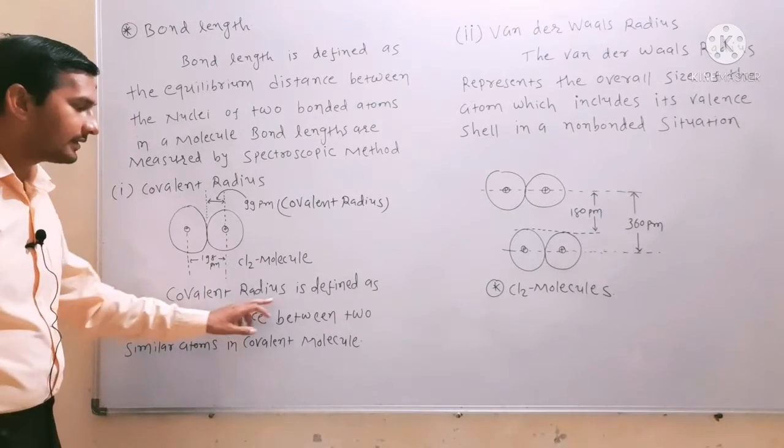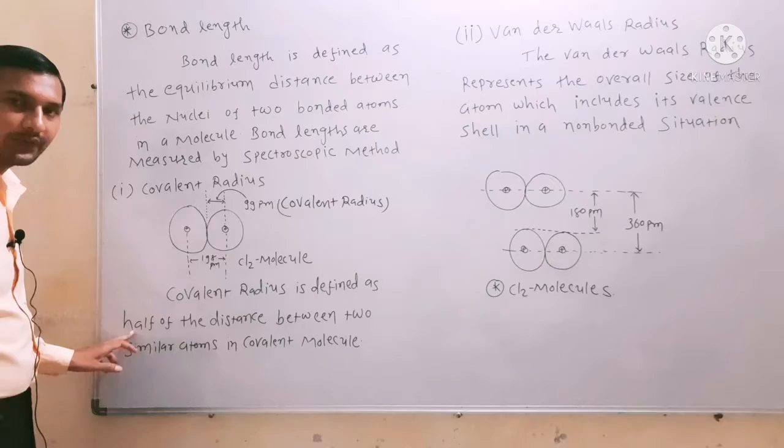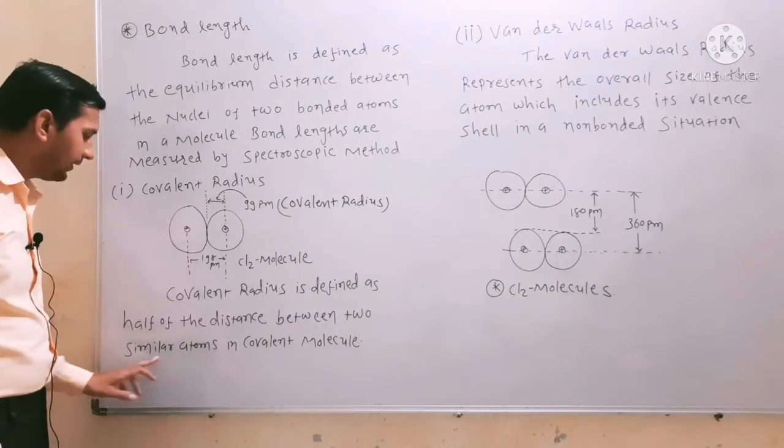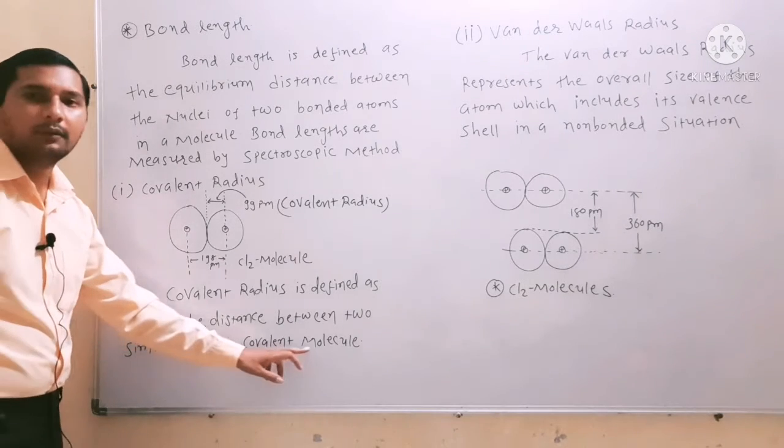This covalent radius is defined as half of the distance between two similar atoms in a covalent molecule.